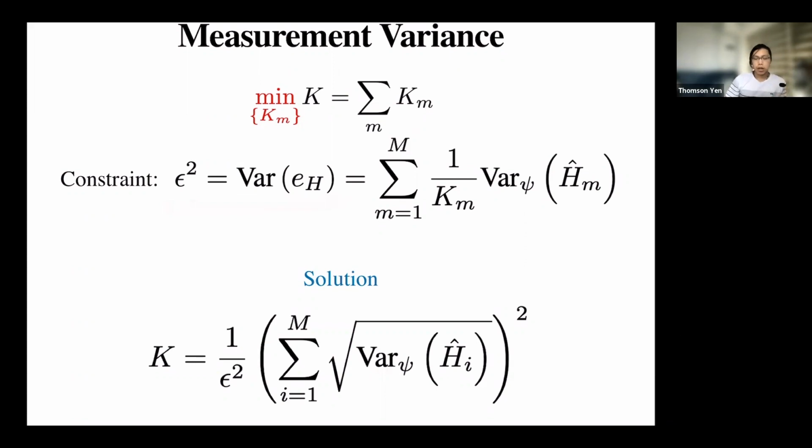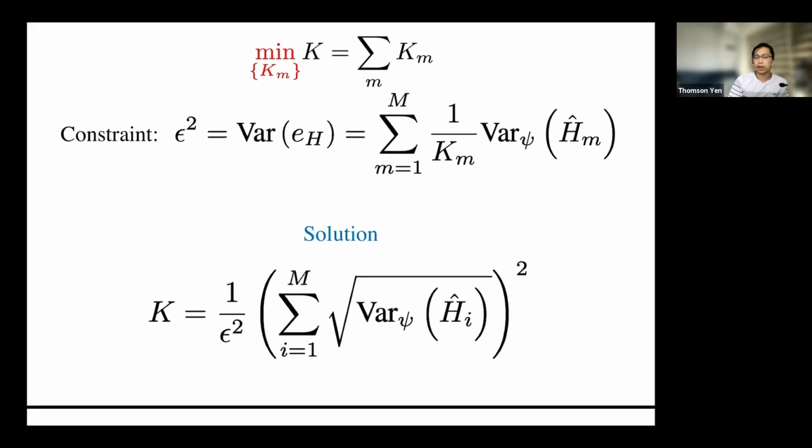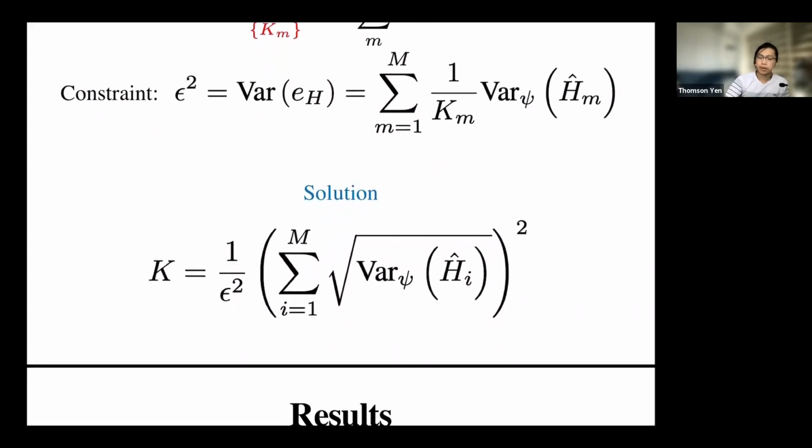So you have something to minimize and you have a constraint. This is something you can use the Lagrange multiplier for. And once you solve the Lagrange multiplier by taking the derivative with respect to Km, you will arrive at the minimum value of K to be this function of the variances of the fragments. So M really is a proxy for how big K is. And we'll see why that affects things.